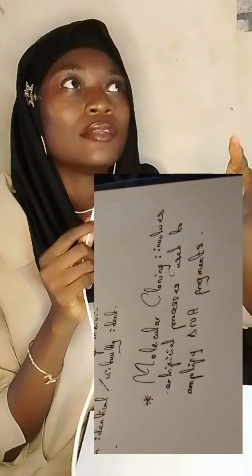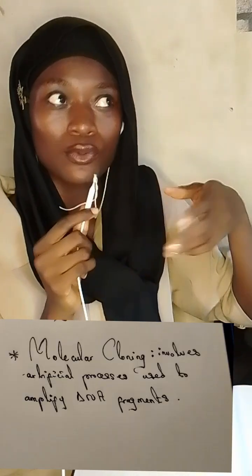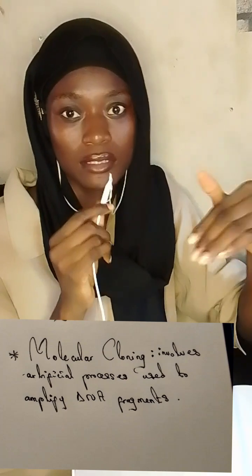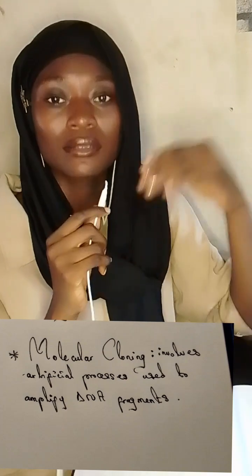In molecular cloning, you do not clone the full DNA, you literally just take segments of the DNA, which basically is a gene. So you take a gene segment, a part of the DNA, and then you clone just that part. You amplify it, which means you make it more.